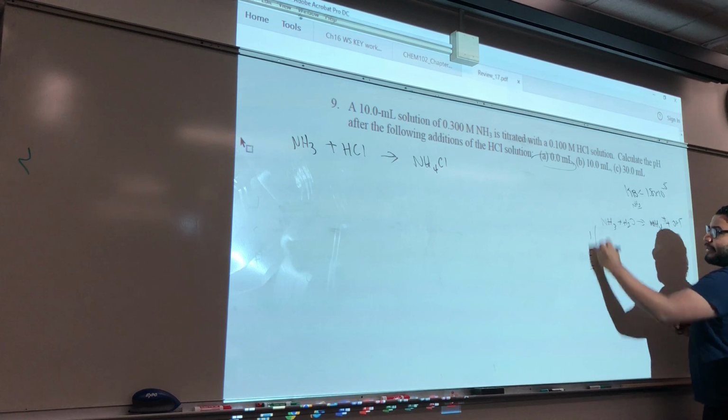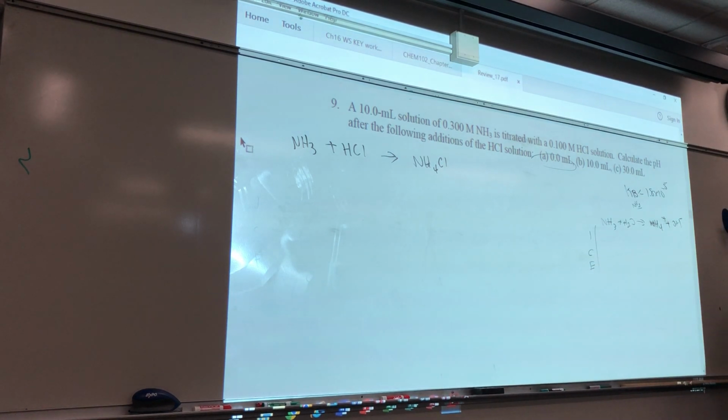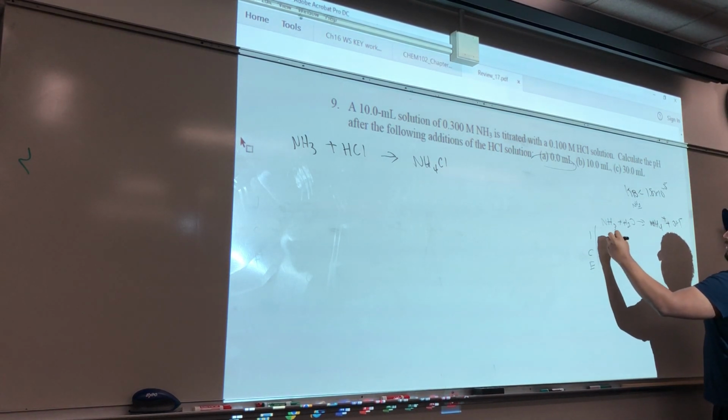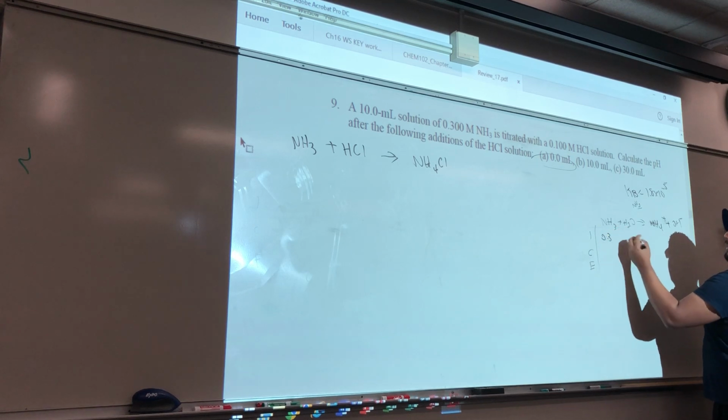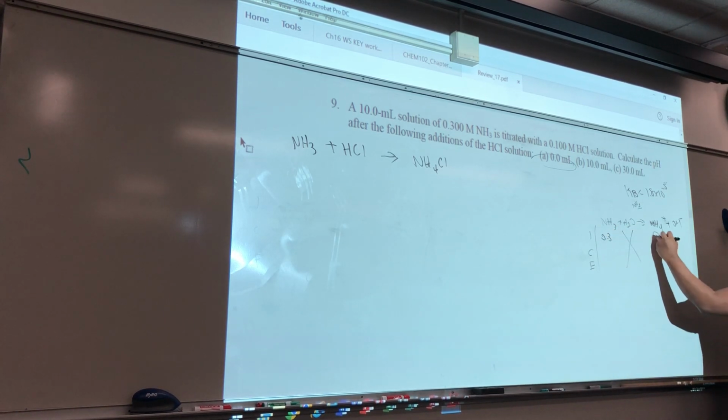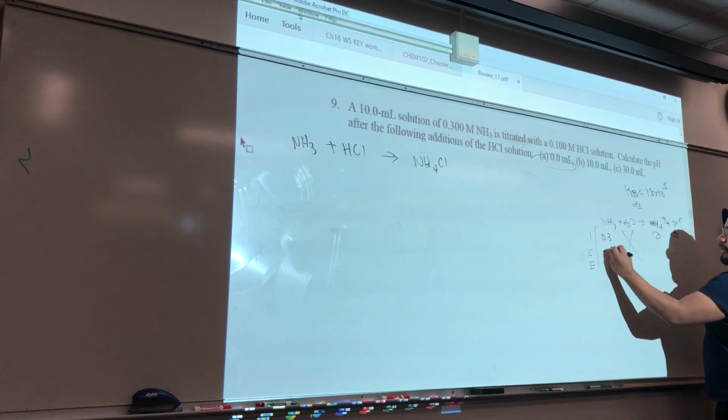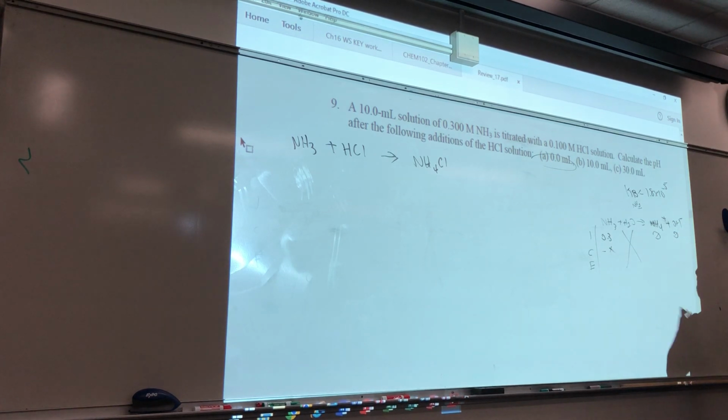We use molarities when we're doing ice tables, and we don't care about water, so 0 and 0. We're not doing moles, we're doing molarity, and it's given.